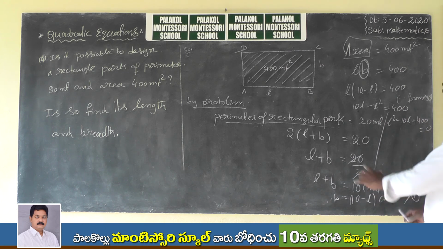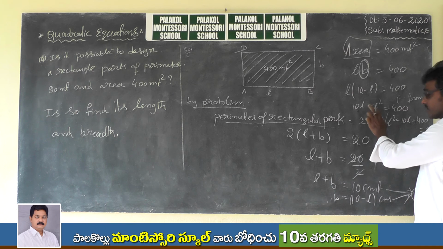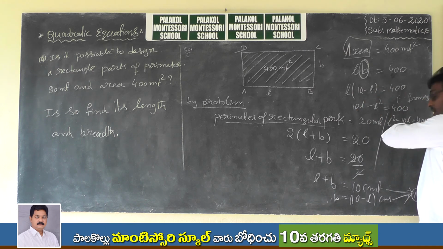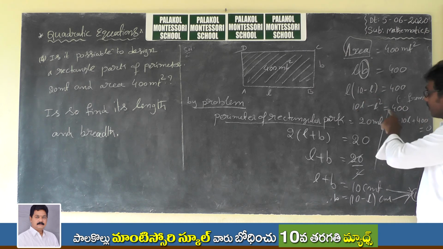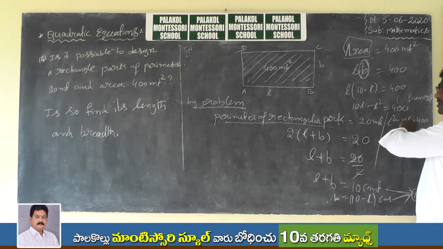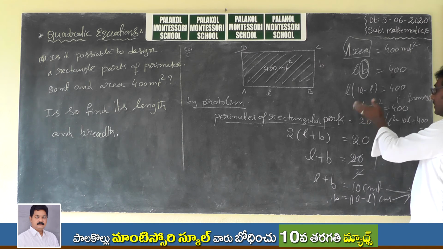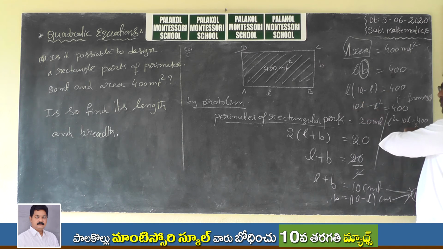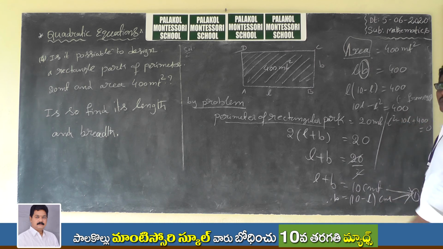Guys, once again let me repeat this step. All these terms are the same on the right hand side. Why? Because the square term is negative in sign. So minus L square goes to that side as plus L square, plus 10L goes as minus 10L, plus 400 is equal to 0.